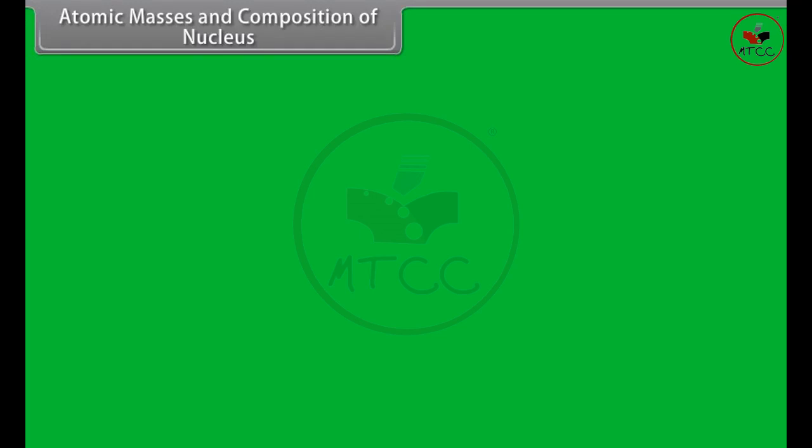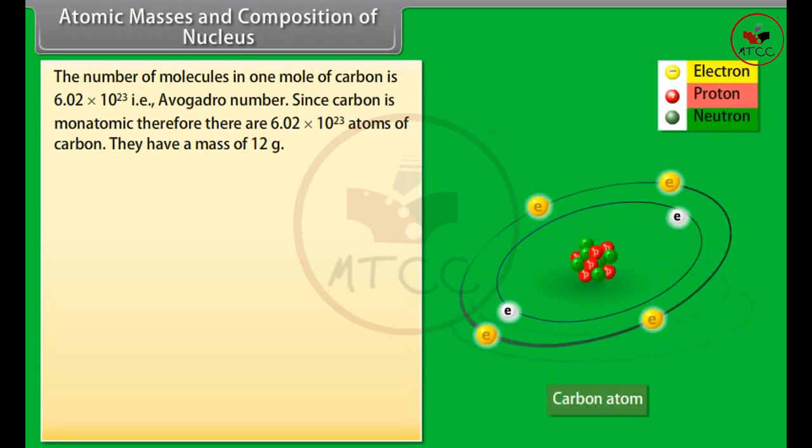Atomic masses and composition of nucleus. The number of molecules in 1 mole of carbon is 6.02 × 10^23. That is Avogadro number. Since carbon is monoatomic, therefore there are 6.02 × 10^23 atoms of carbon.